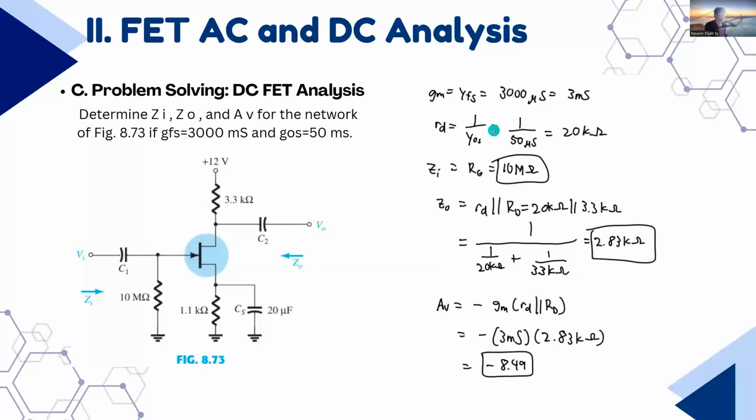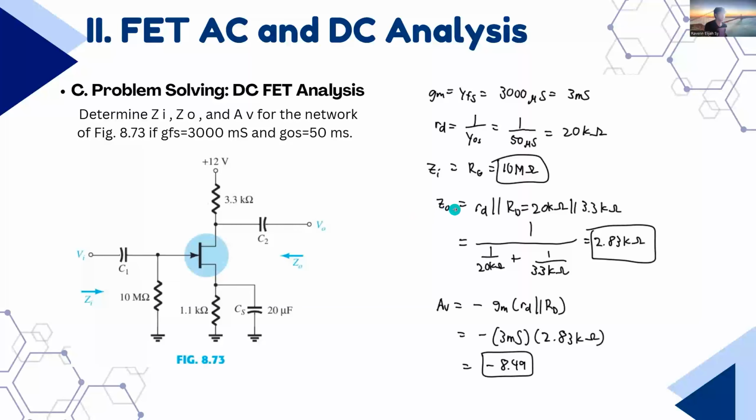Basically, we apply our value, 20 kilo ohms for the rd. And then we get the ZI, input impedance, which is basically the RG, 10 mega ohms.